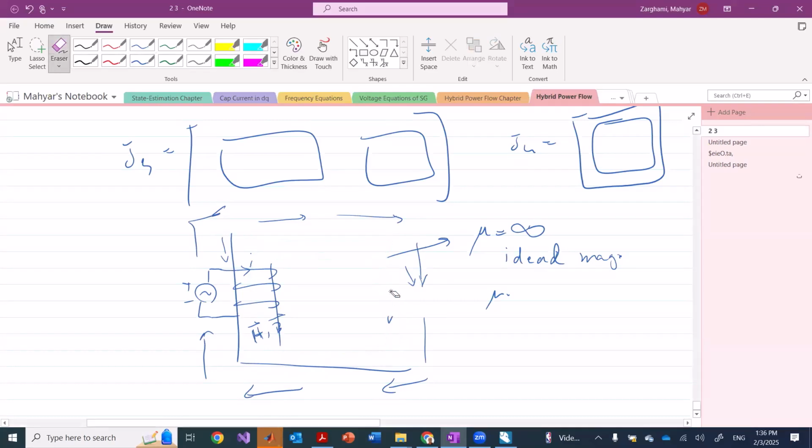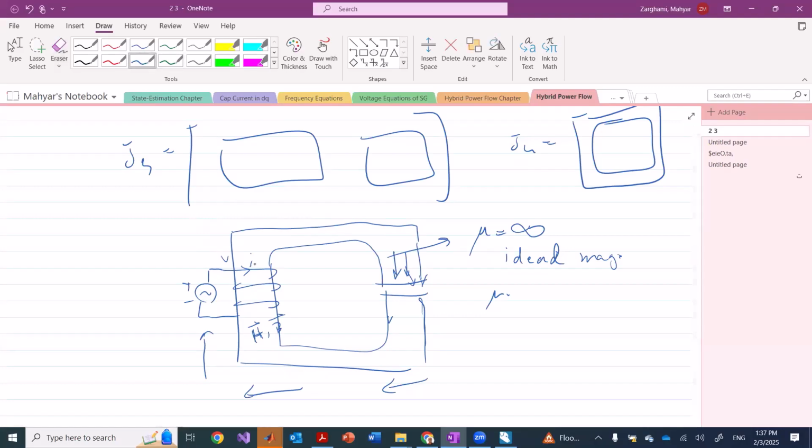However, when we're talking about fringing, we're talking about this air gap that exists that is meant to basically contain parts of the electric machine, the rotating parts and so on. We're not talking about those magnetic flux that has been leaked. We're talking about the magnetic flux that is existing inside this core.